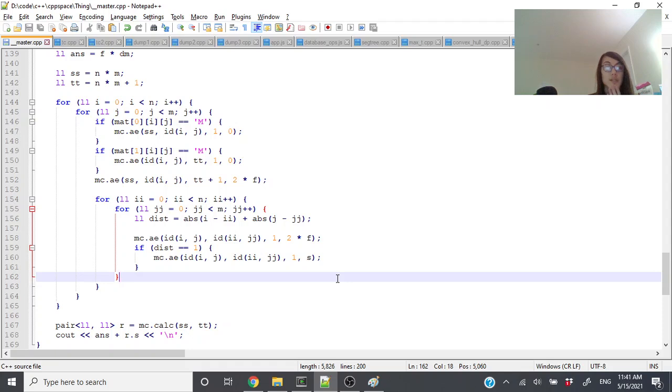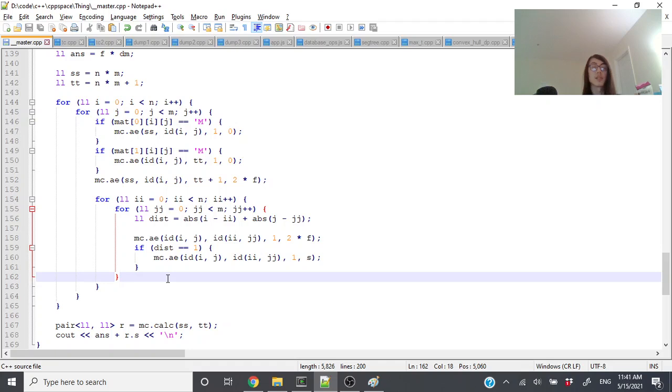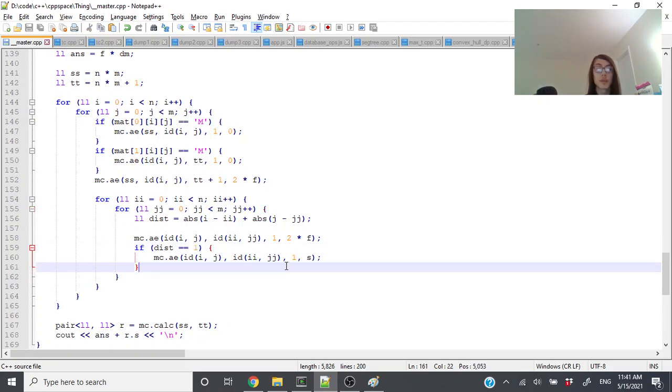One, and then cost of 2 times F. This is i, j, j1s. Yeah, so if they're adjacent, we can swap them.